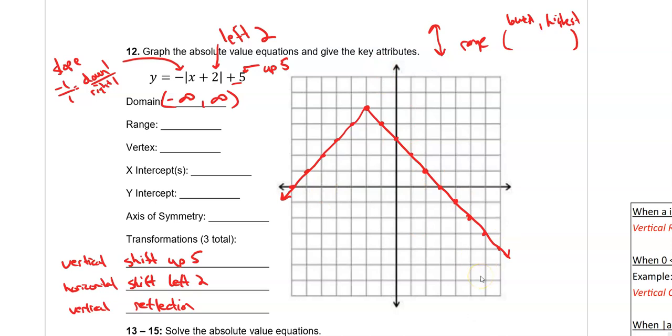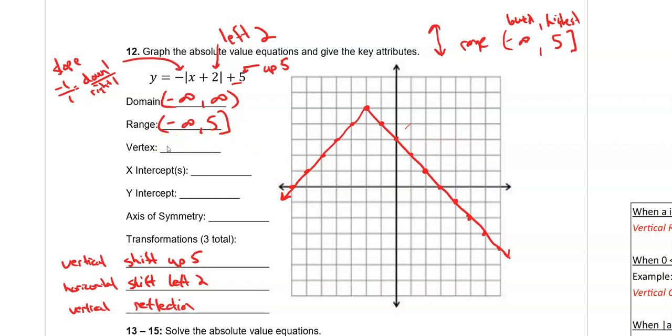So the lowest it ever hits is negative infinity with the parentheses. What is the highest it ever hits? The highest this thing ever goes is right here at 1, 2, 3, 4, 5. 5 is the highest it ever goes. And it includes 5, so that's the only place you can have a bracket, on the number in the range. So that'll have a bracket on it.